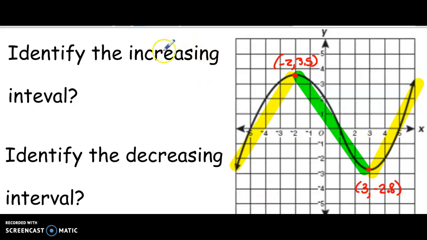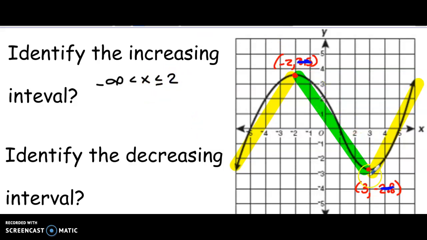Okay? So the increasing intervals are in yellow. So I'm increasing from as far left as I can start until I get to this x value. Just remember, we don't care about the y values, right? Until I get to -2. And then I stop increasing.